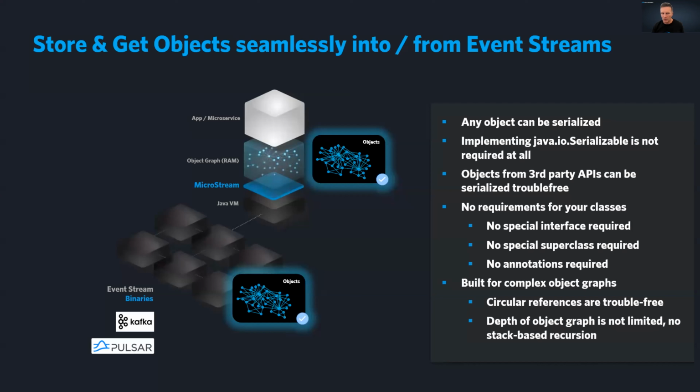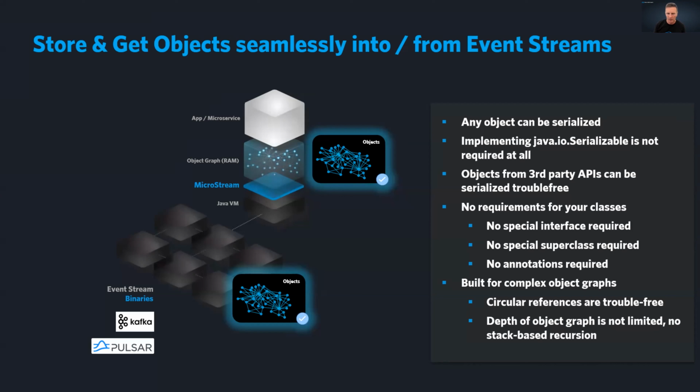There are also some other interesting use cases, and this idea was introduced by Adam Bien: use MicroStream to store objects seamlessly in Kafka or other event streaming platforms like Pulsar. With MicroStream it's really convenient because you can serialize all of your objects, all types.